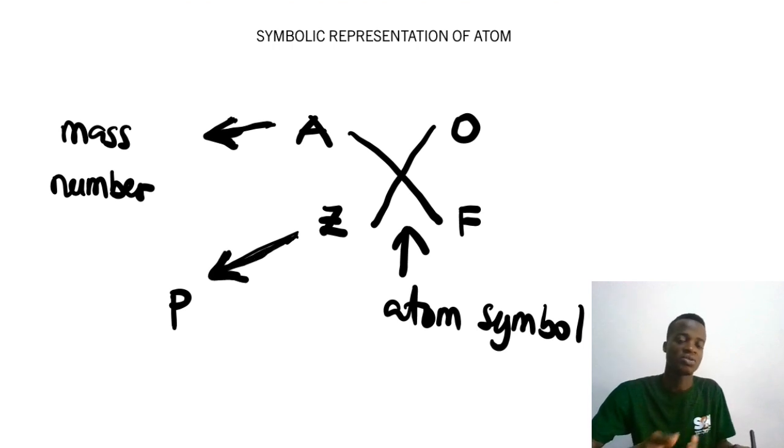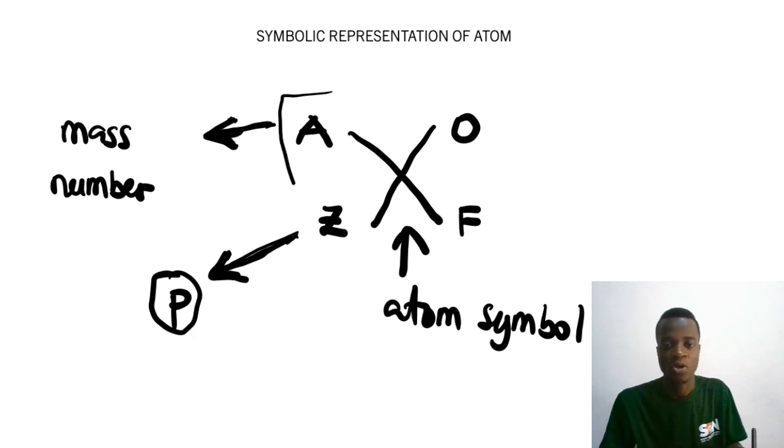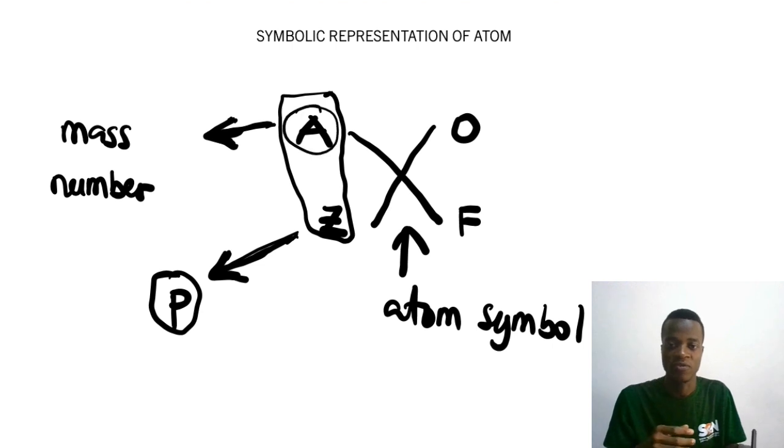So the number of protons: if you go to the nucleus, both neutrons and protons give you A, but if you count only the protons, it will give you the Z part. This side of the symbol is all about the nucleus.